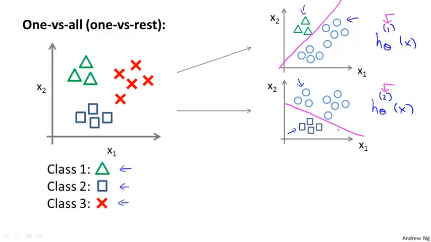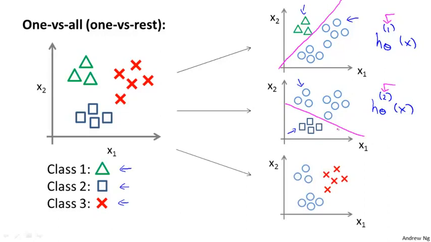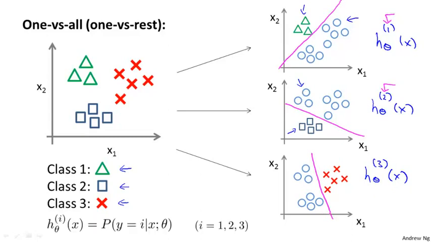And finally, we do the same thing for the third class and fit a third classifier, h superscript 3 of x, and maybe this will give us a decision boundary, or give us a classifier that separates the positive and negative examples like that. So to summarize, what we've done is we've fit 3 classifiers.